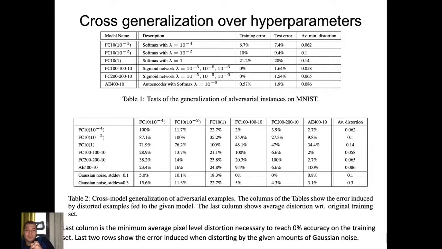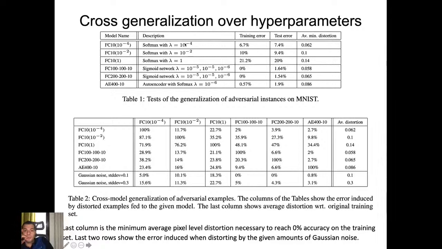Okay, so here we have some results. These are results on the MNIST database with various fully connected models. This is a linear model with only 10 units. This is a model with 3 layers, with 100 units in the first 2 hidden layers and 10 units at the end. And this is an autoencoder.